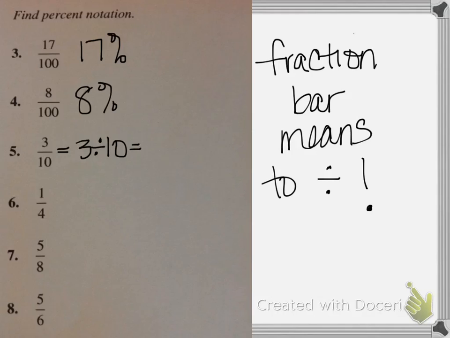And if you don't know what that is, do that in your calculator, or you can do long division, it's up to you. But that gives me 0.3. Now I can use the skill I learned in the last lesson, move my decimal point 2 places. So it looks like my answer is going to be 30%.